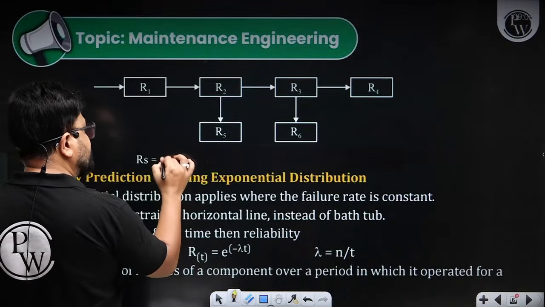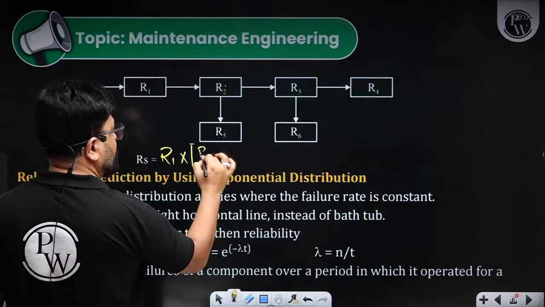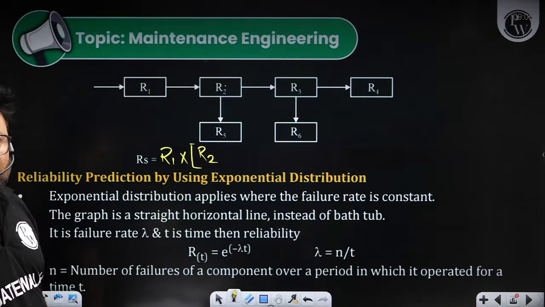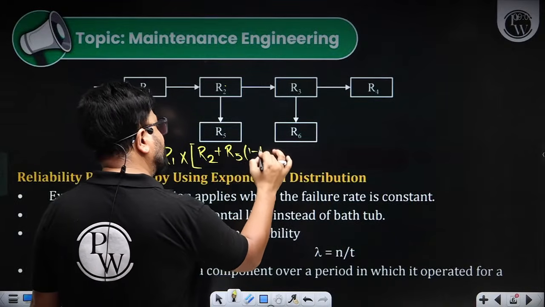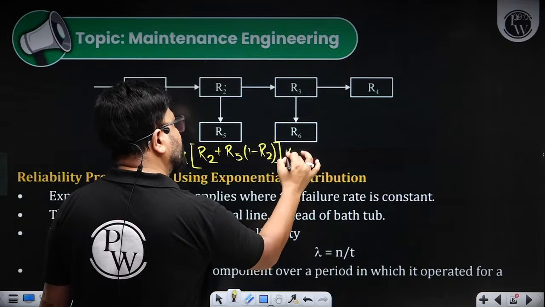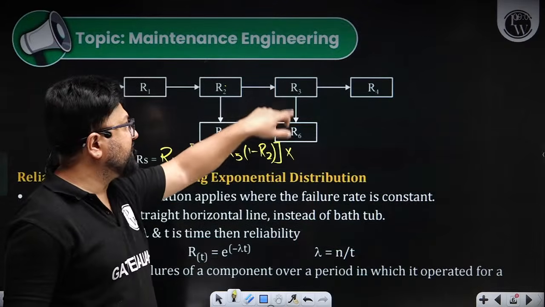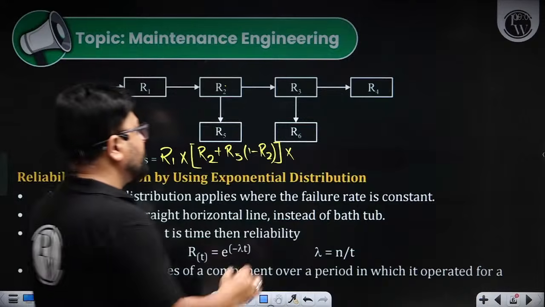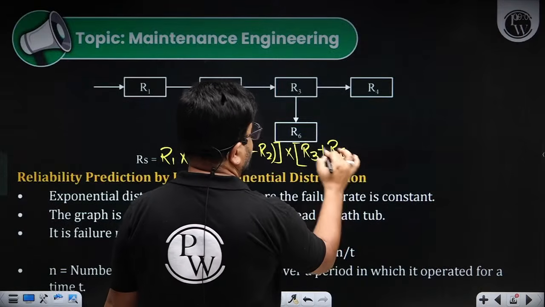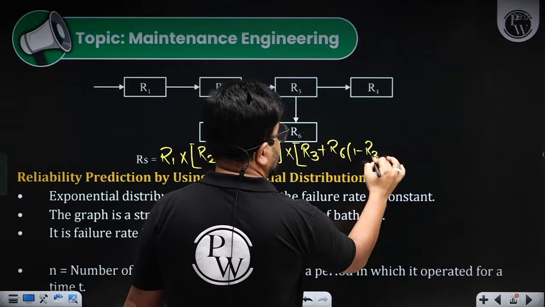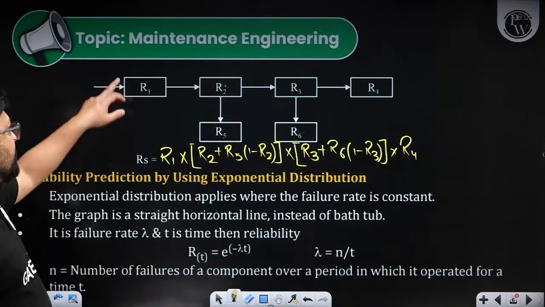So reliability of the system is R1 multiplied by bracket R2 plus the backup, that is R5 multiplied by 1 minus R2, multiplied by the reliability of this part, which is in parallel: bracket R3 plus backup R6 multiplied by 1 minus R3, multiplied by R4. So you will get the reliability of the system.